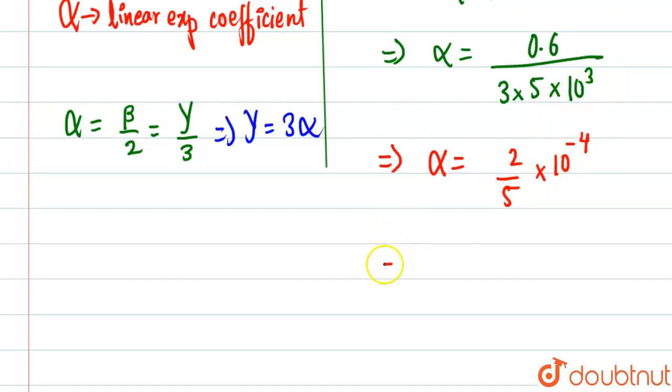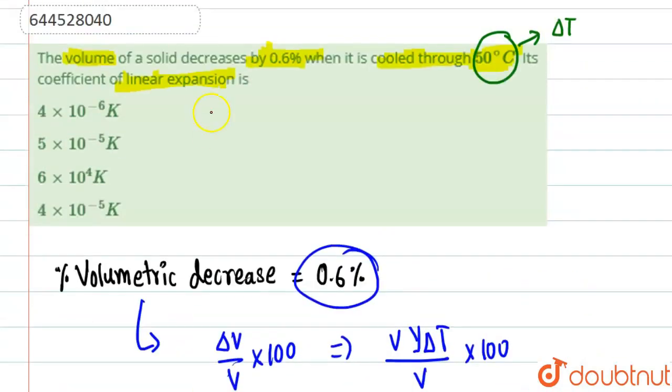So alpha will come out to be 0.4, or 4 into 10 to the power minus 5. This is our answer, so the answer will be option D, 4 into 10 to the power minus 5.